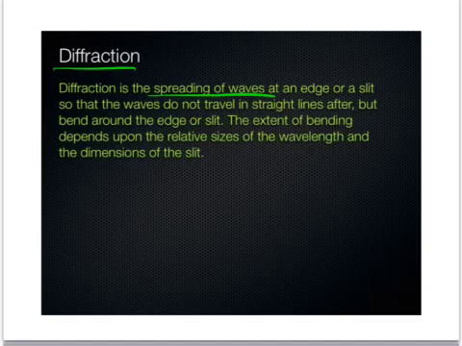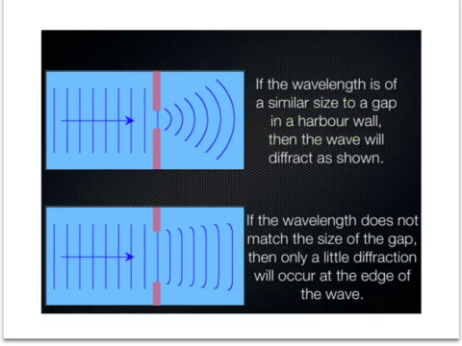When the ocean waves come in to a harbour entrance, they tend to curve and bend. Basically they don't travel in straight lines, but they bend around the edge of the slit. The extent of the bending depends upon the relative sizes of the wavelength of the waves and the size of the gap or the dimensions of the slit.